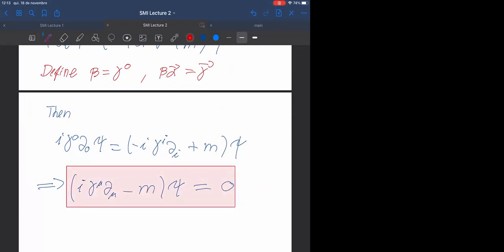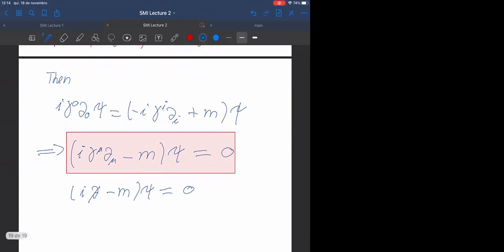And this is basically the form of the Dirac equation that we will use throughout this course. Someone asked about slash notation. Maybe if it's really necessary, you can write it like this as well: (i ∂-slash minus m) psi equal to 0, if you prefer to use the slash notation.